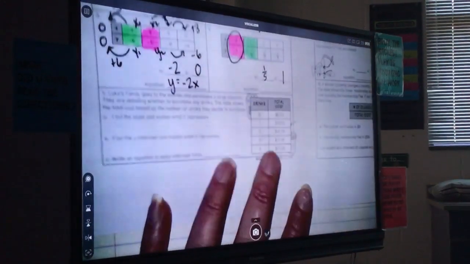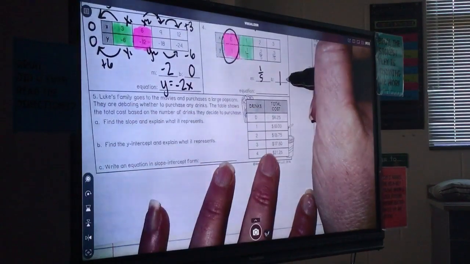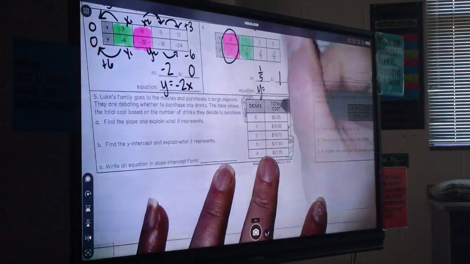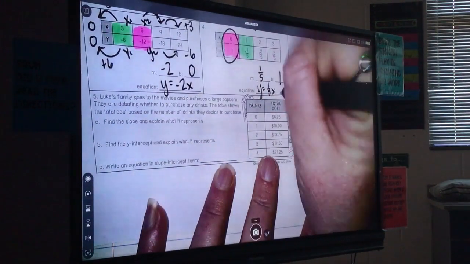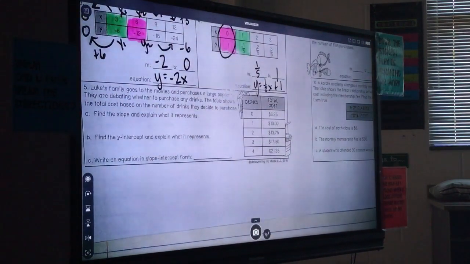All right. So Cam, knowing this is my slope and that is my y-intercept, what is my equation? So y equals 1/5 x plus 1. Mm-hmm. Or y equals 0.20x plus 1. Sure.